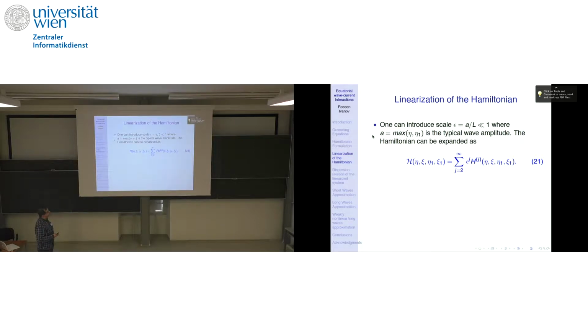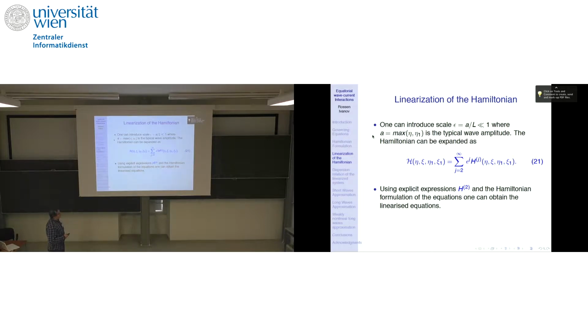Okay, so now if we want to see what is going on, let's take a small parameter A, something like the amplitude of eta and eta1, and let's think for the moment that they are of the same scale, although they're probably not. We can expand the energy, which is the Hamiltonian.